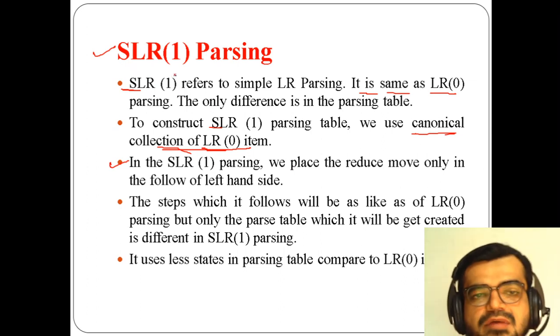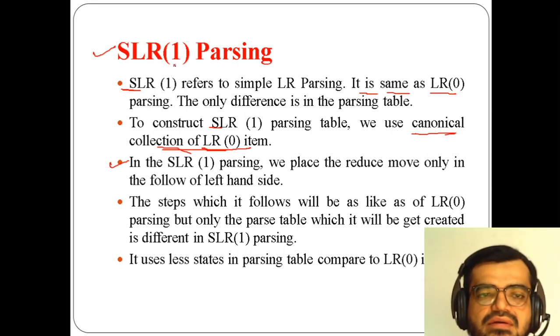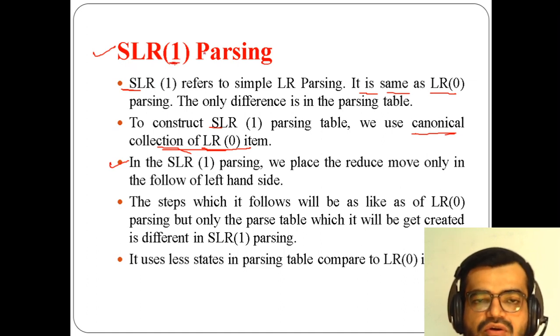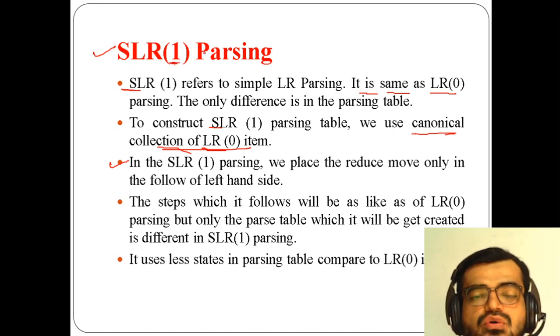It reduces because, have you observed, it is showing SLR(1) versus LR(0). The 0 in LR(0) means the lookahead symbol is 0, but SLR(1) indicates that it uses one lookahead symbol. How does it use it?